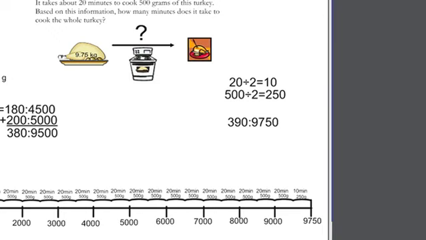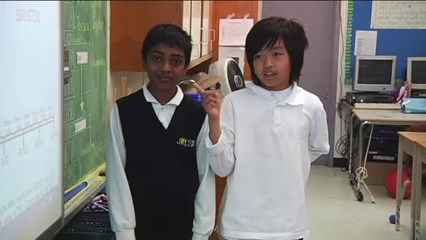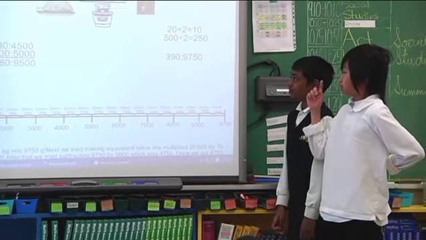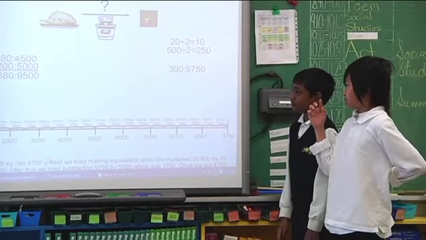So we divided 20 by 2 and 500 by 2 to get 10 minutes for 250 grams. So then after we did that, we added 10 minutes to 380, and then it turned into 390 minutes for 9,750 grams. Okay. Any questions for the group?